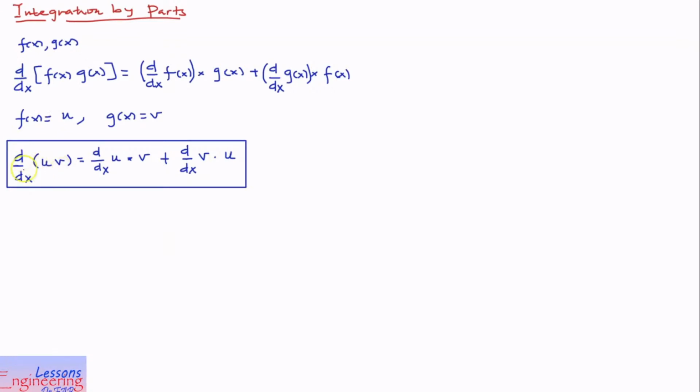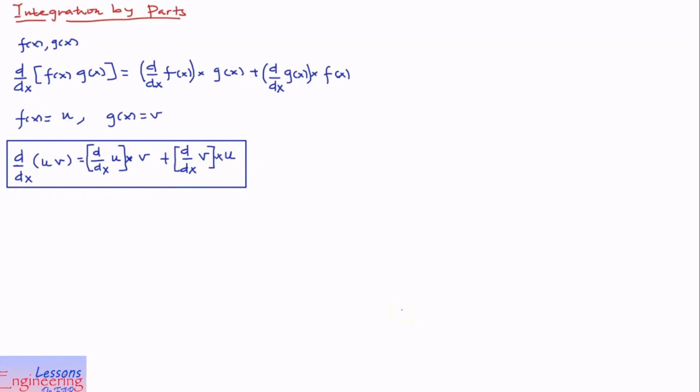So the derivative of the product of these two functions is the derivative of the first function times the second one, plus the derivative of the second times the first function.